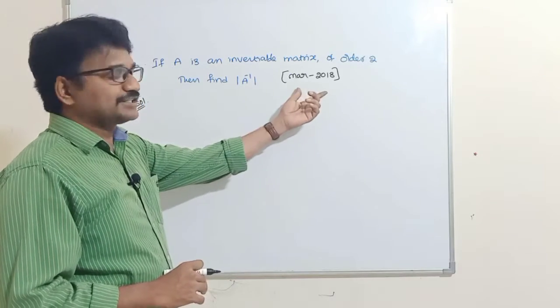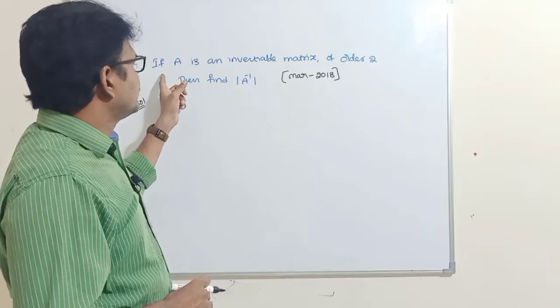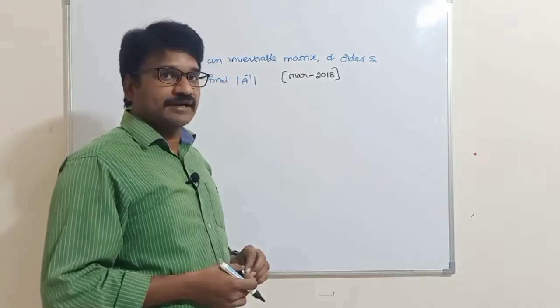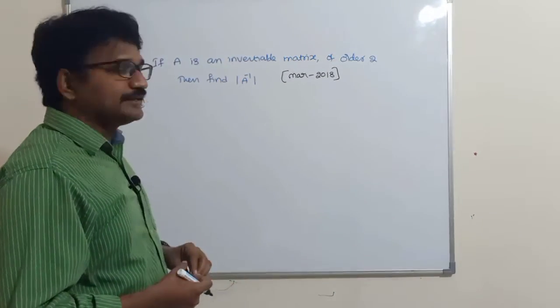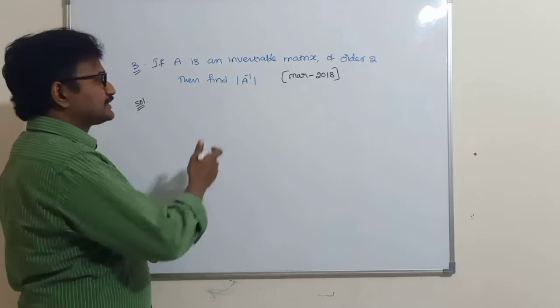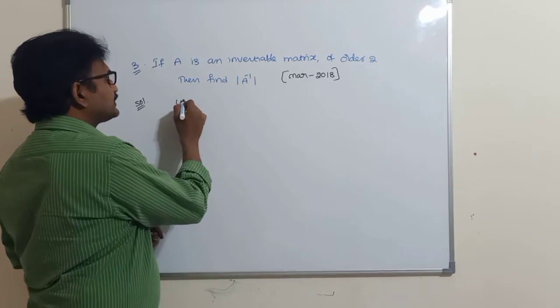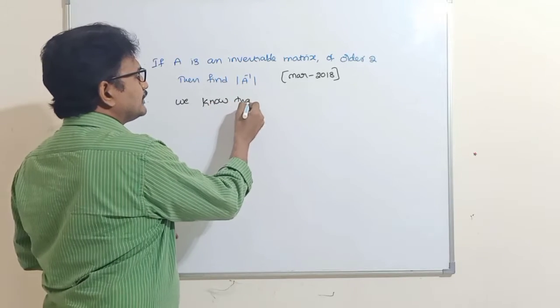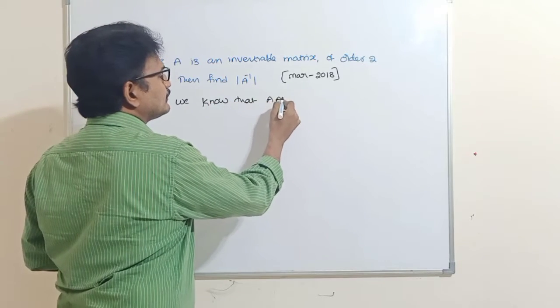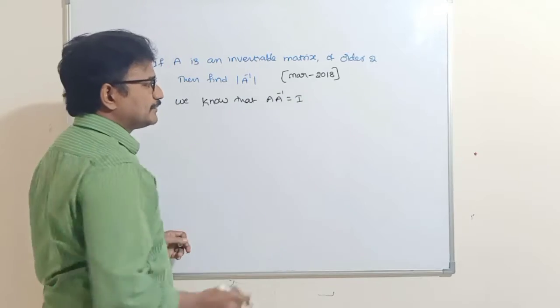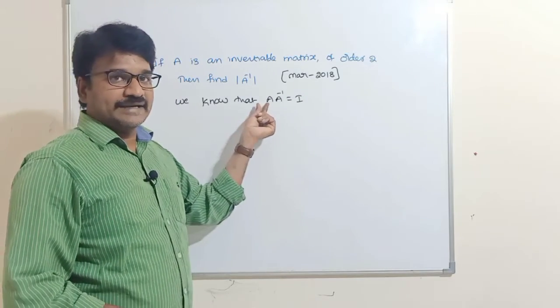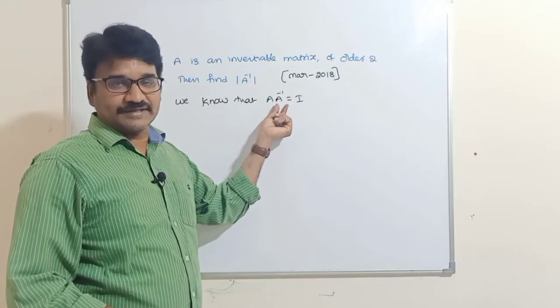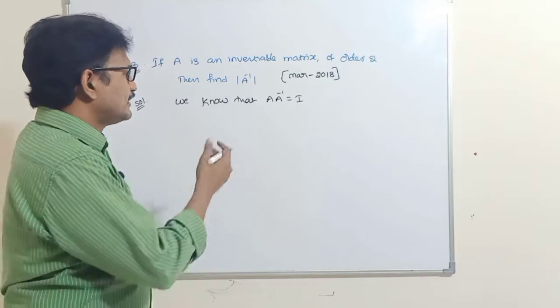Next, March 2018 problem. If A is an invertible matrix of order 2, then find delta of A inverse. So we know that A into A inverse is equal to the identity matrix. If you multiply a matrix with its inverse matrix, then you will get the identity matrix.